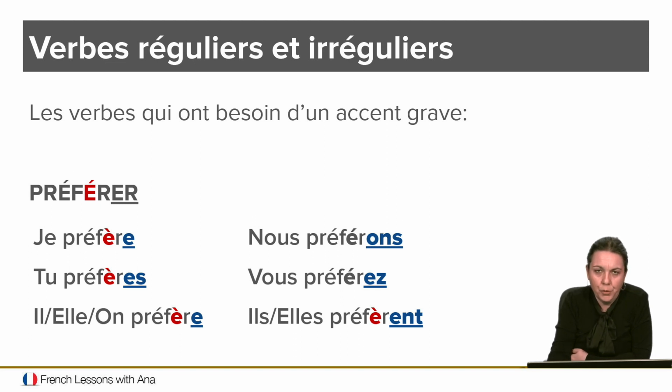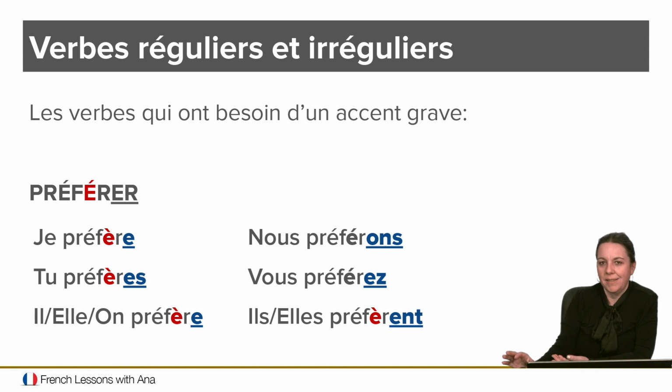So there are a few. For example, the verb se lever, right? We're going to look at the reflexive verbs later on. There's a few like that. But this one in particular is very interesting because it already has accents there. And it's the second E over here that is going to make the difference. If the accent is going this way, it's called an accent aigu, right?